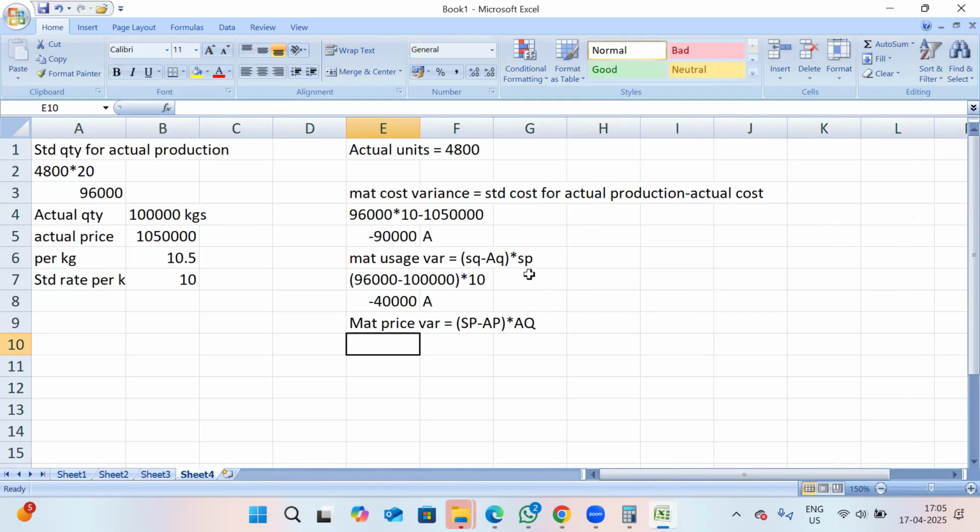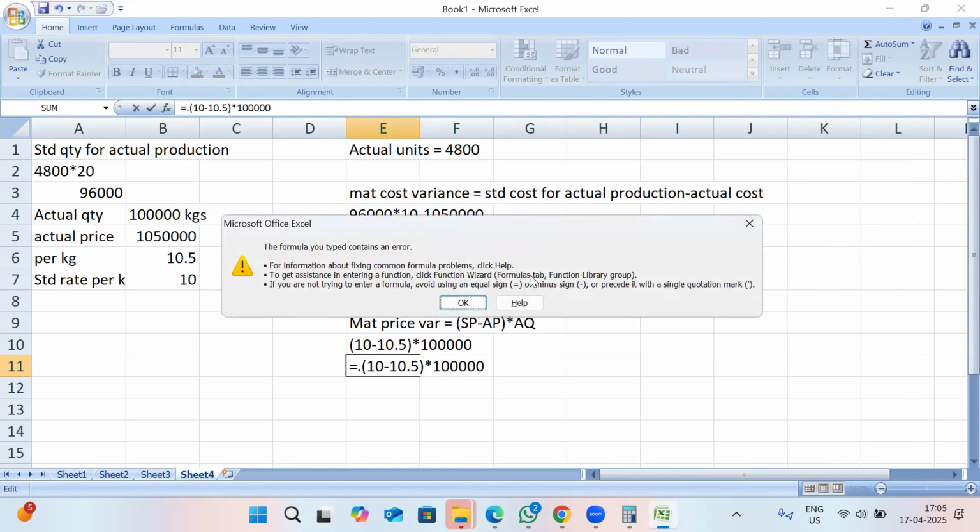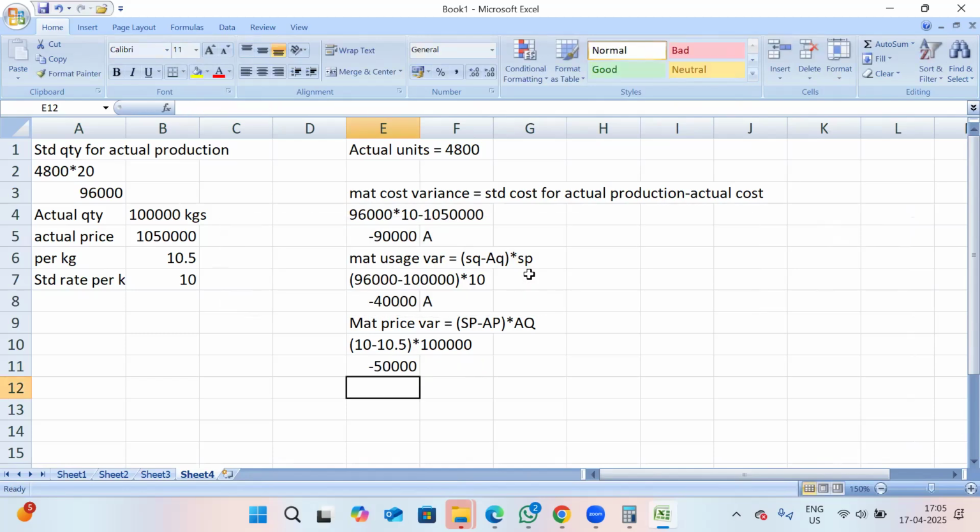My standard price is 10 rupees, my actual price is 10.5. Everything is calculated on a per kg basis, into actual quantity, that is 1 lakh. So this will end in 50,000 adverse.